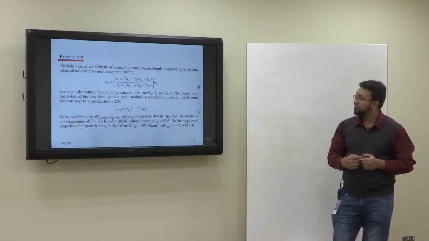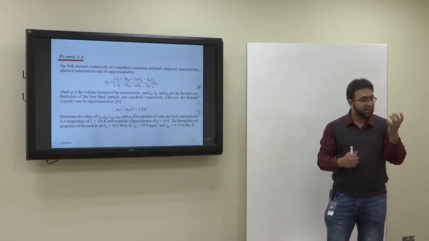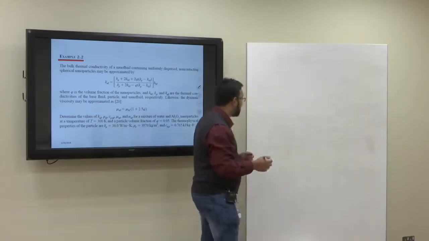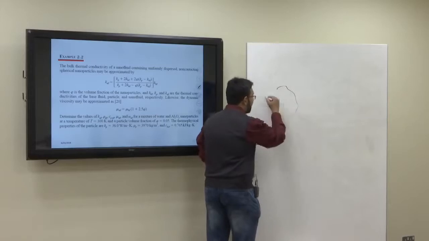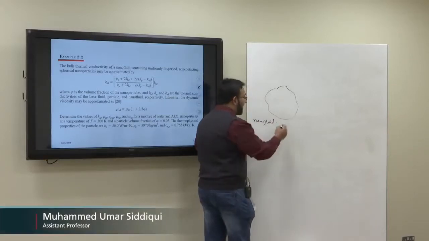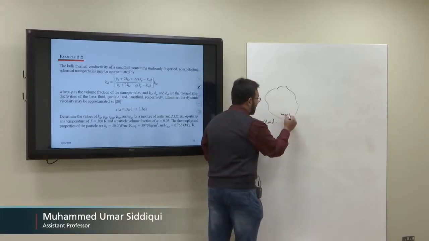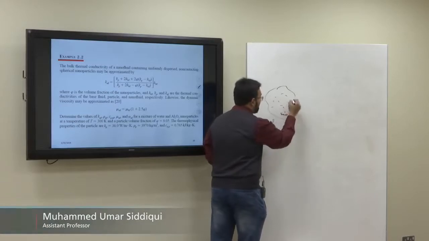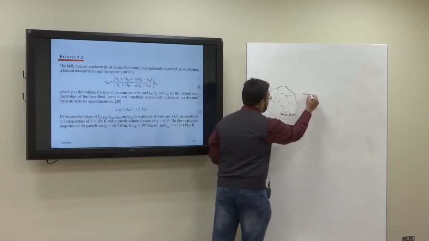So if we have that kind of fluid, now remember, in case of a nanofluid, this is my nanofluid, but it will have a base fluid here, and within the base fluid I have particles.